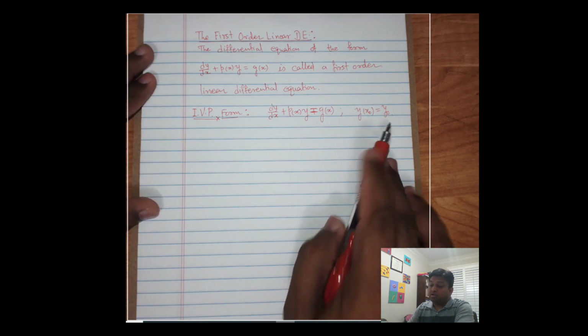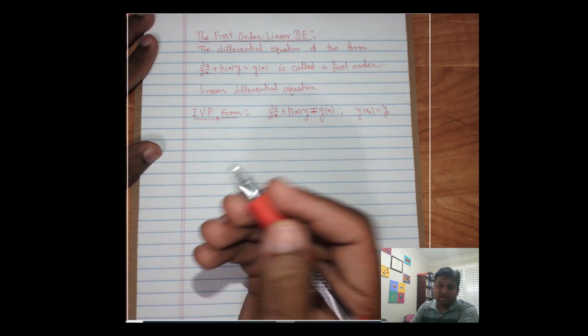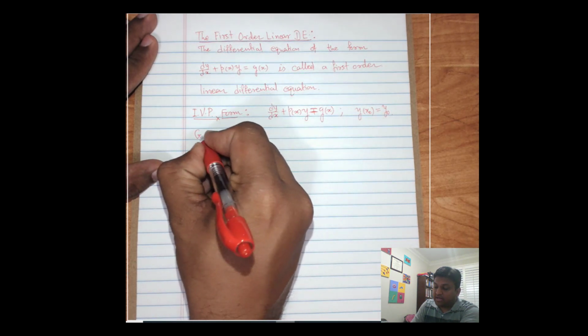Alright, okay, so the question is how to solve first order linear differential equation. As I mentioned, in this course you are going to study two different types of differential equation. We already discussed separable differential equation in the last video. Now this is the second type of DE that we are going to study. We call it first order linear DE, and we have a general idea to solve it. So here is the general idea.